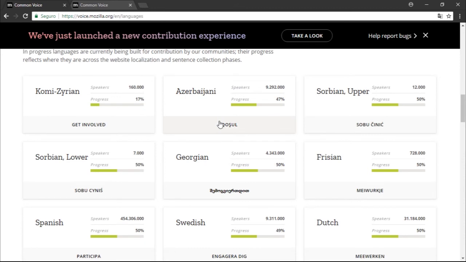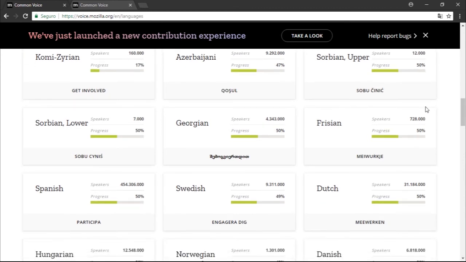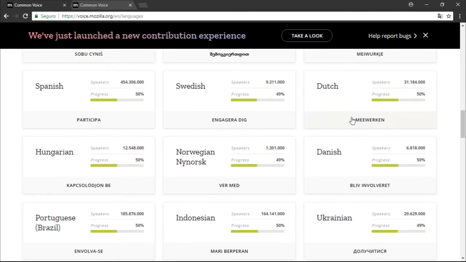As you guys can see, we have Serbian, it is 50% progress. Dutch 50, Swedish, Spanish. I'm quite surprised because Spanish should be already available, but it isn't. So if you speak Spanish and you want to participate in this project, you can help us get a Spanish data set.